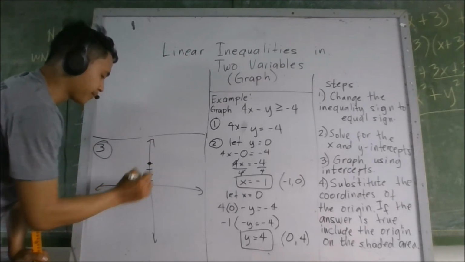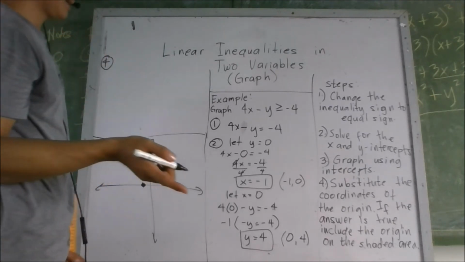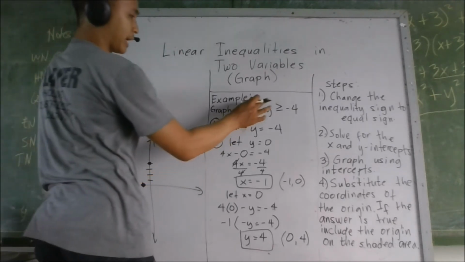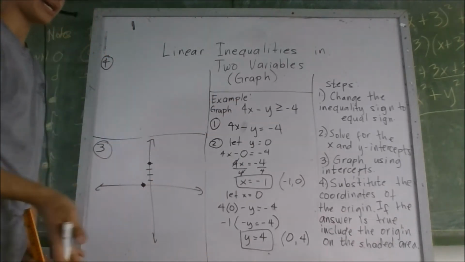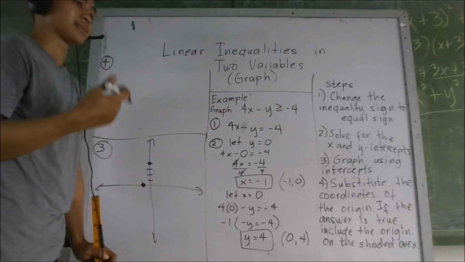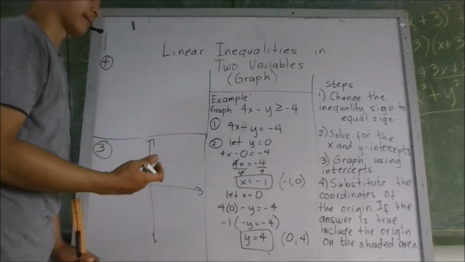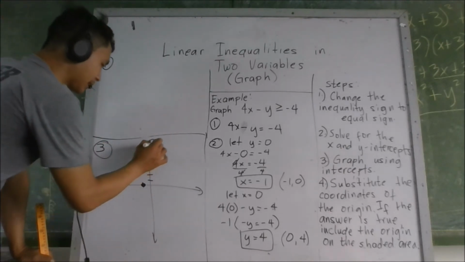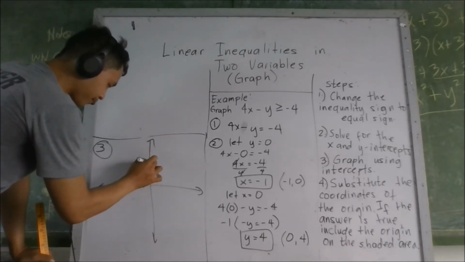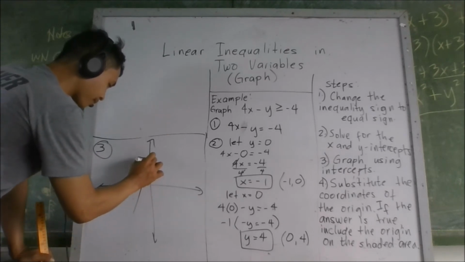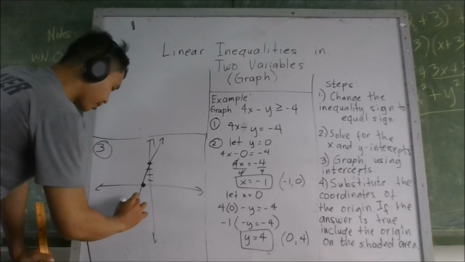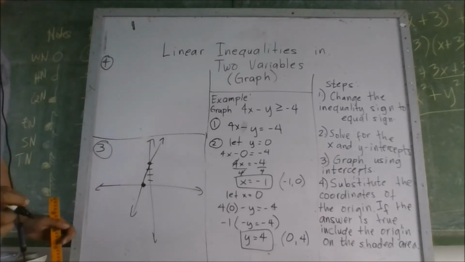It's right there. Okay? And kanina, sabi ko, kung greater than or equal, okay, anong gagamitin natin? Broken line or solid line? That is solid line. Right? So solid line yung gagamitin natin. So connect. Okay? So there you go. That is the graph.